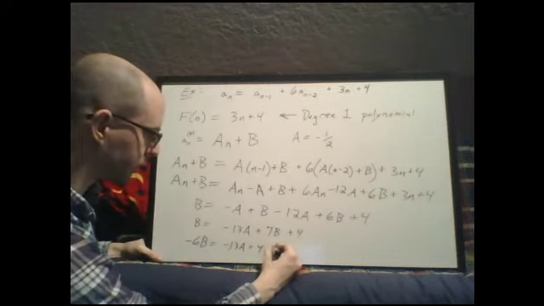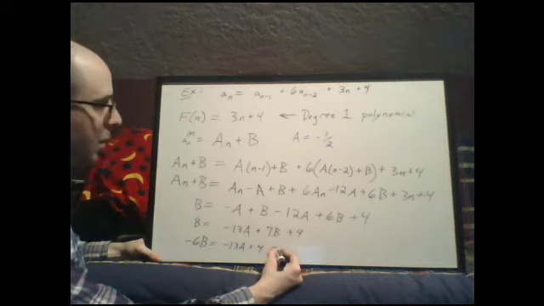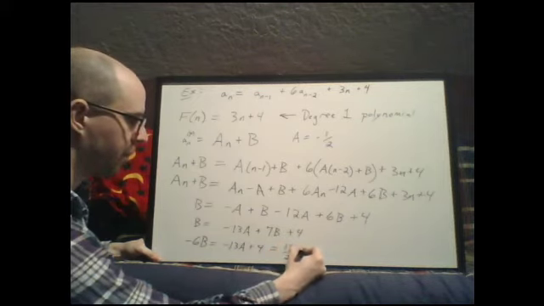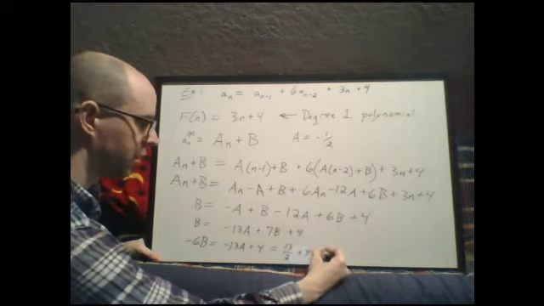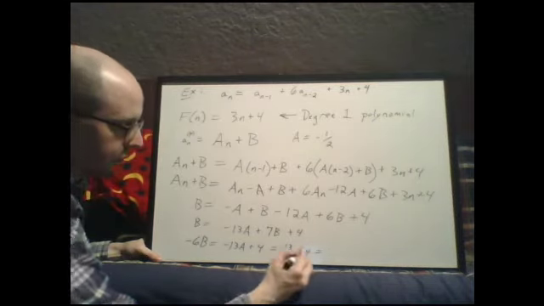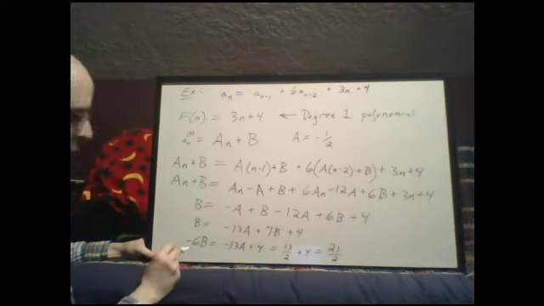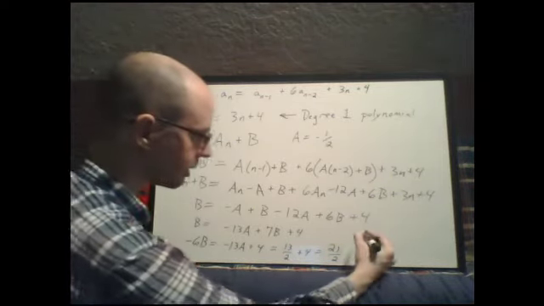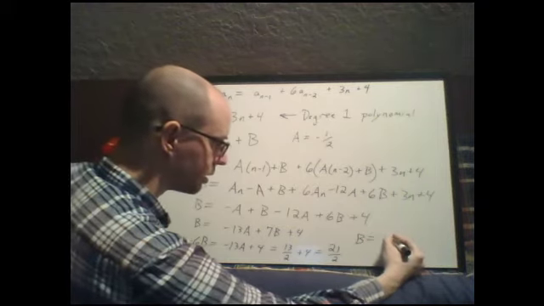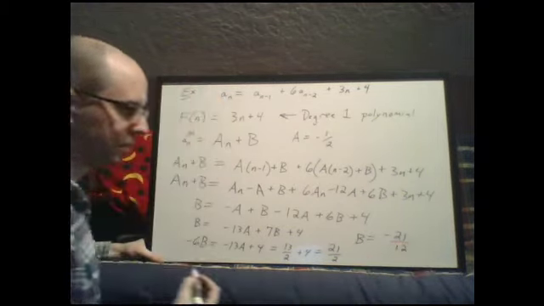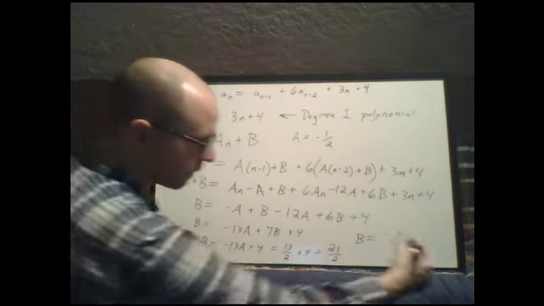So that's actually positive 13 over 2 plus 4. 4 is 8 over 2, so that's 21 over 2. Now I want to divide by negative 6. So B is negative 21 over 12, or negative 7 over 4.